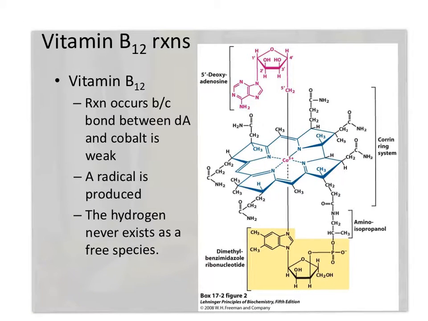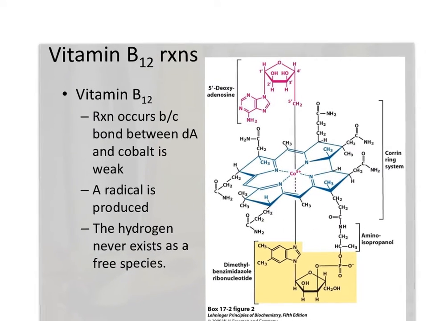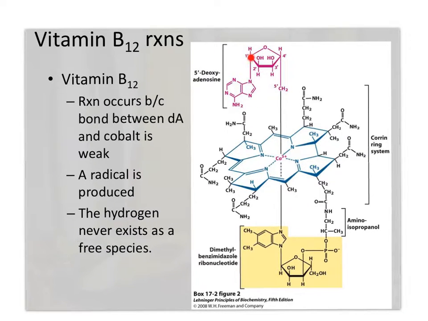What makes this special also is that the reaction between this deoxy A and the cobalt is very weak. And whenever it breaks, it doesn't break heterolytically. Remember, that was a term where both electrons in a bond go towards one parent atom. Here it's homolytically, to where we're going to actually form a radical, but that free radical doesn't ever exist in free species, so it's held in place. And so let's look at how that occurs.